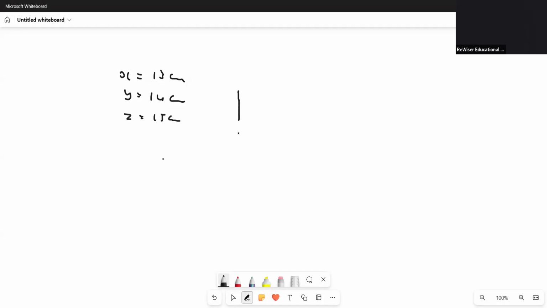In that case, you have to draw a right angle triangle, since hypotenuse is the largest side. So you can write it as 15. This can be 13 or 14. So if this is 13, this has to be 14. We'll have to put it into the Pythagoras theorem, that 15 square must be equal to the sum of 13 square plus 14 square.